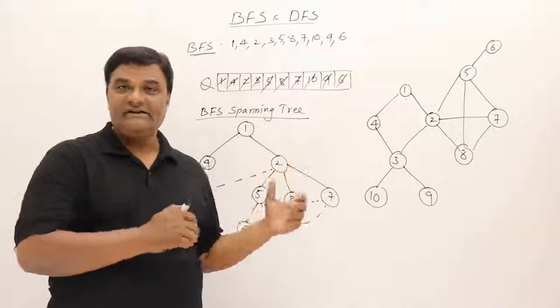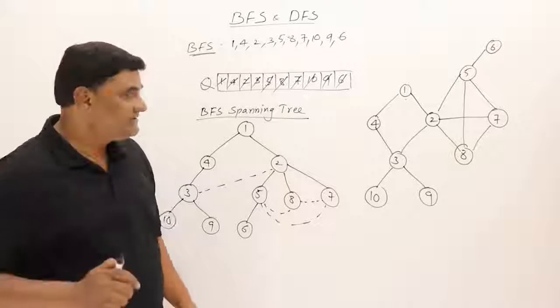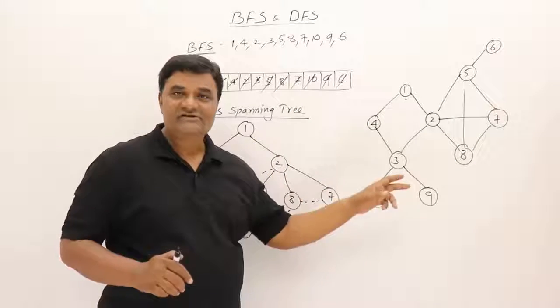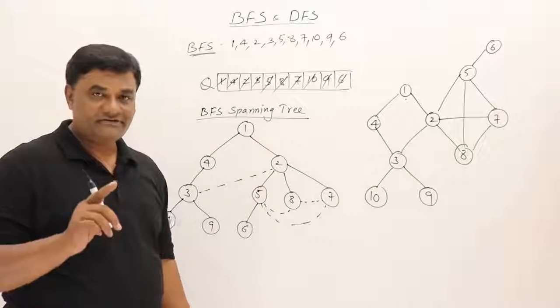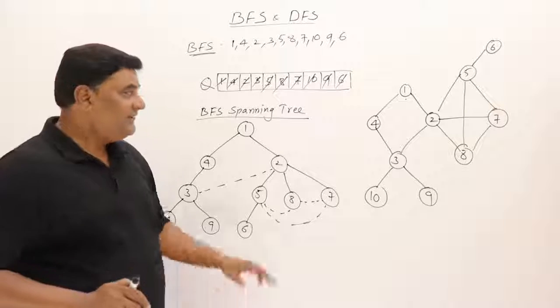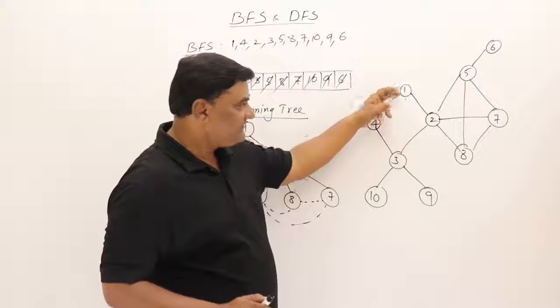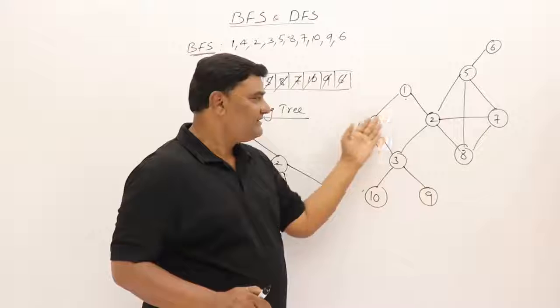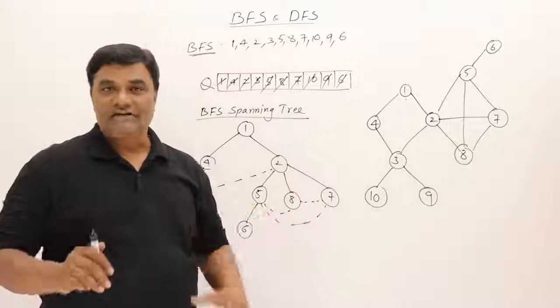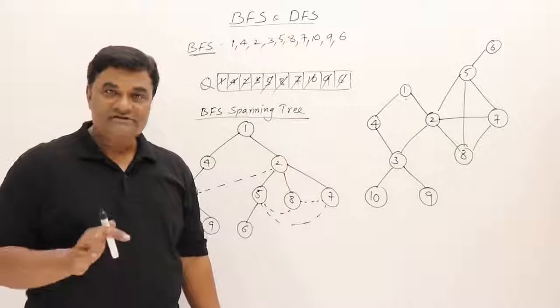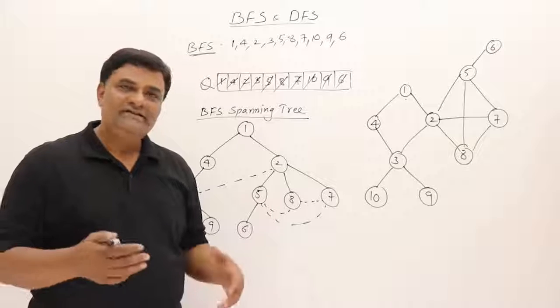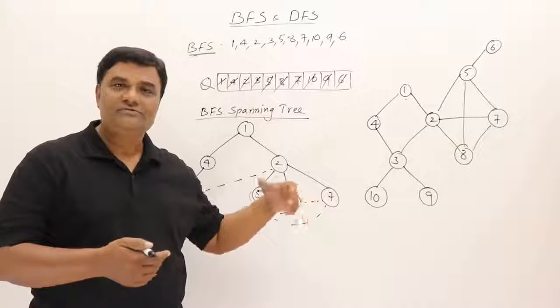Let us see what are the things that we have learned. First thing is you can start breadth first search from any vertex you like. Second thing is when you are exploring any vertex, you can visit its adjacent vertices in any order you like. Freedom is given to select any vertex.